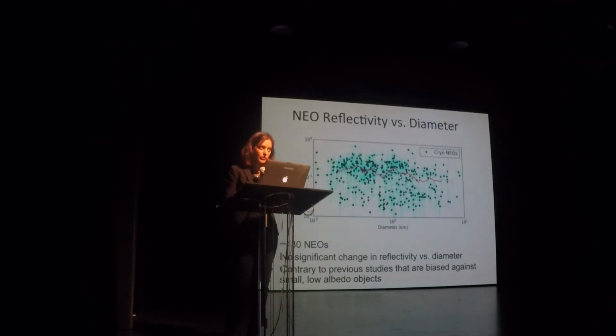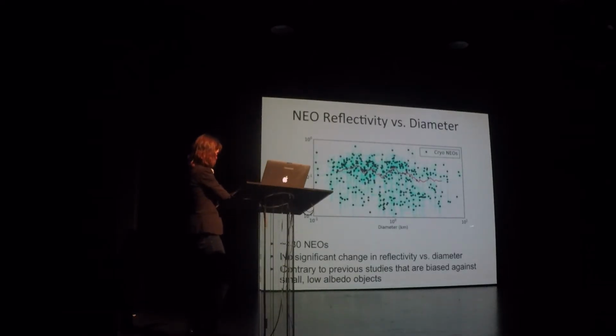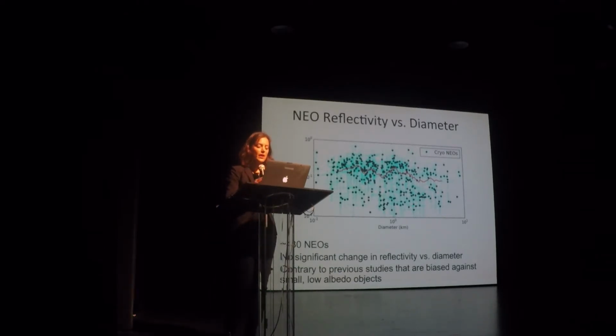What we learned from this study is a couple of things. If you make a plot of the size of the asteroids versus their reflectivity, so more reflective, very dark, what we found is that over a very wide range of sizes, ranging all the way from mountain-sized, or 10 kilometers over here, down to just 100 meters across, there really wasn't much change. In other words, equal numbers of bright and dark objects as a function of size.